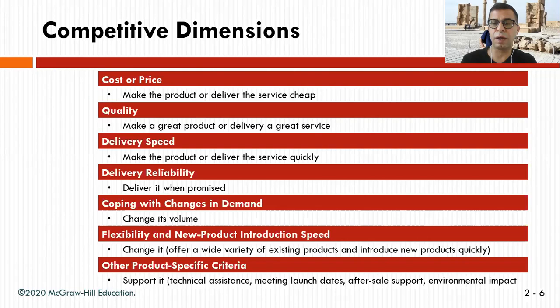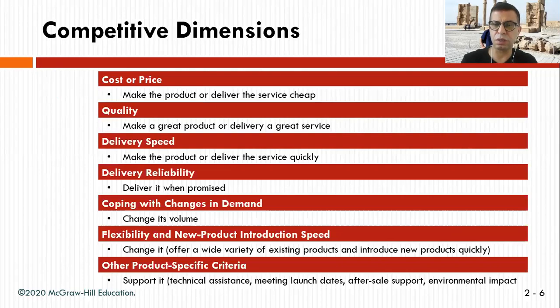So when you have a factory or a firm providing a service, it doesn't matter whether legal service or doctors or anything, there are competitive dimensions that you need to look at from supply chain management and operations.